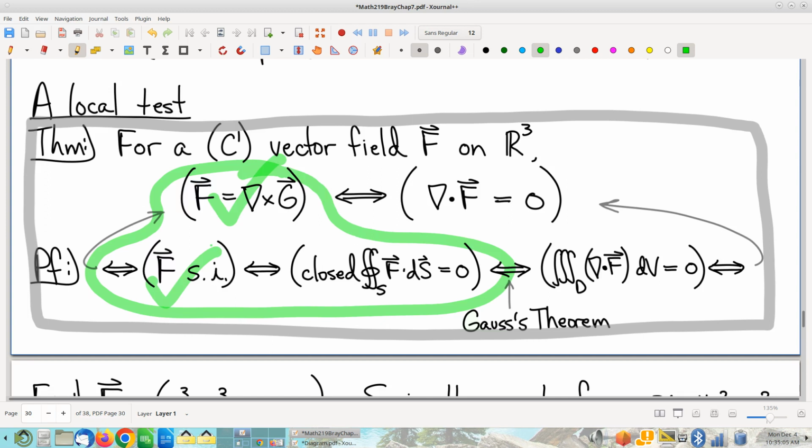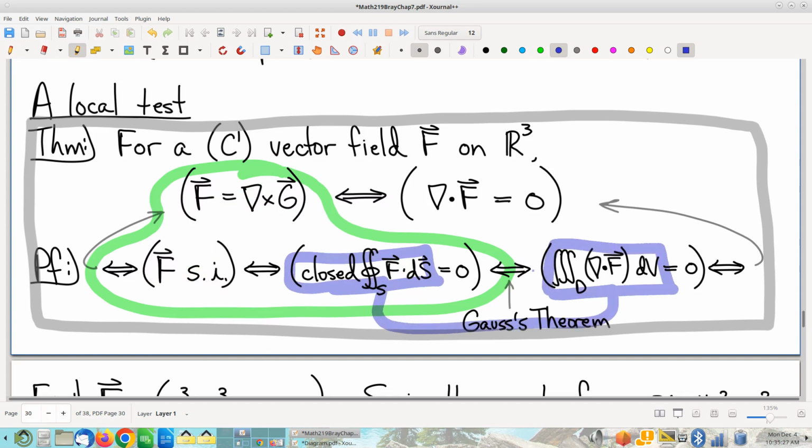We also have seen that surface independence is morally equivalent to saying that all closed fluxes are zero. And now, with these three established as being equivalent, we notice that Gauss's divergence theorem kicks in very nicely, because Gauss's divergence theorem says, oh, closed fluxes? Yeah, boundary fluxes? Right, sure. Boundary fluxes are triple integrals of divergence.